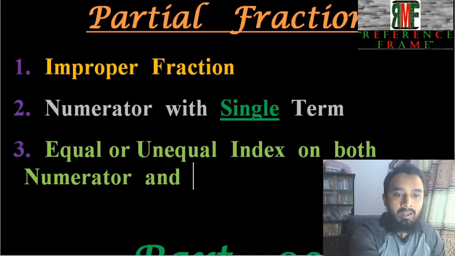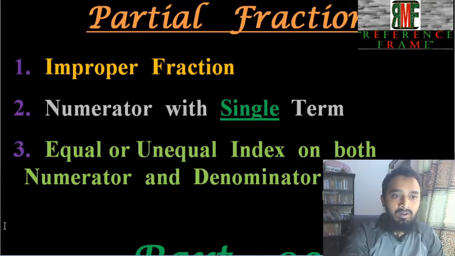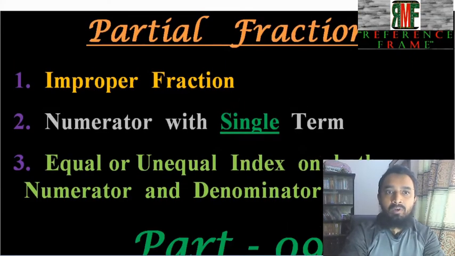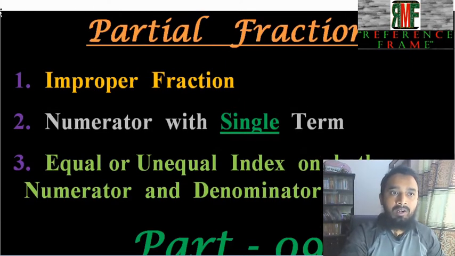The numerator could be a single term or more than one term. This is not our matter as well, so we don't need to waste time here, rather move forward.